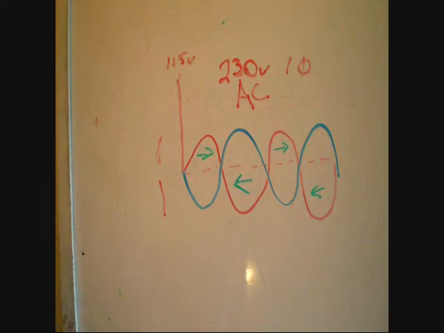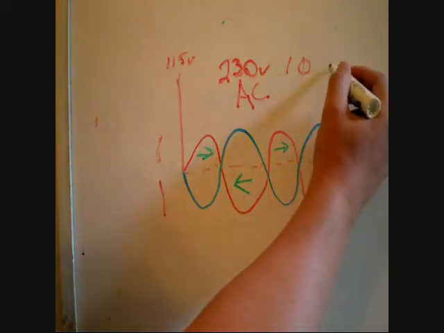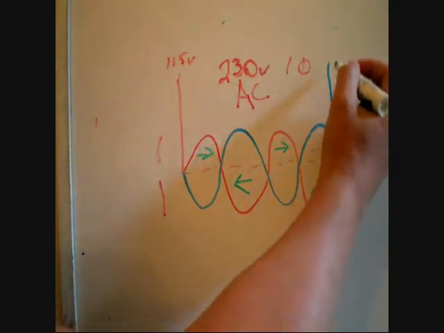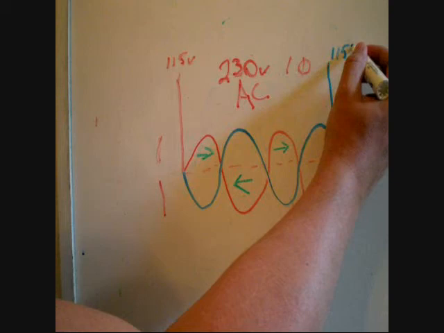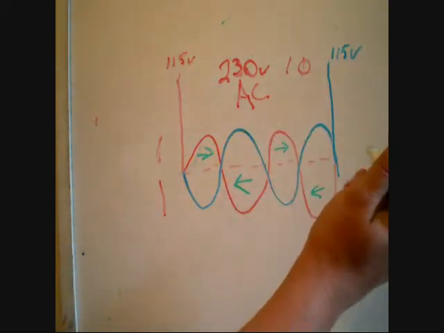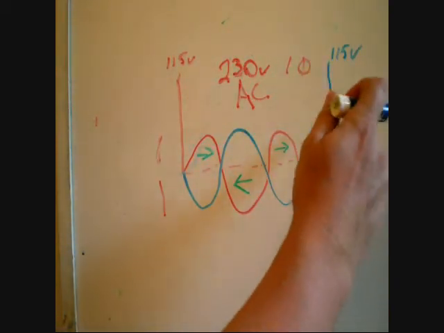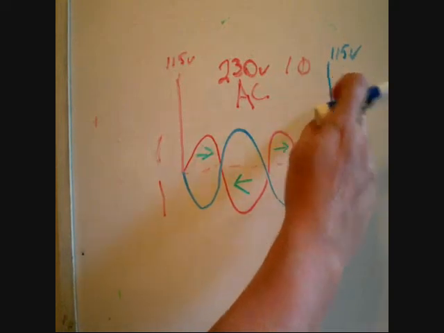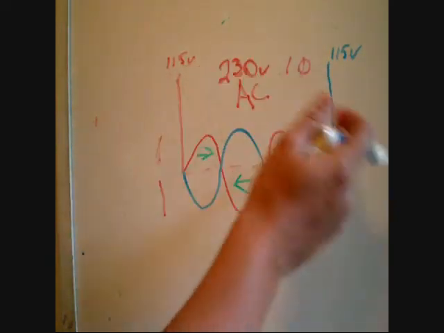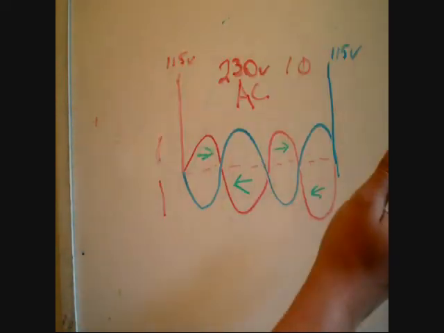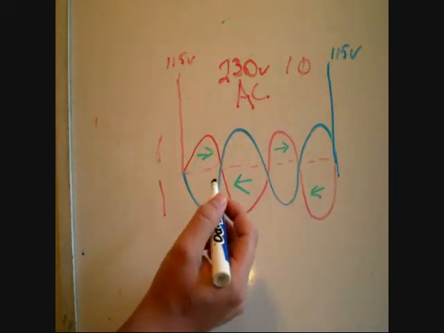Now, when it comes to our other 115 volt leg, we have to remember its source is on the complete opposite end. Remember, it's 180 degrees out of phase. They completely oppose each other.